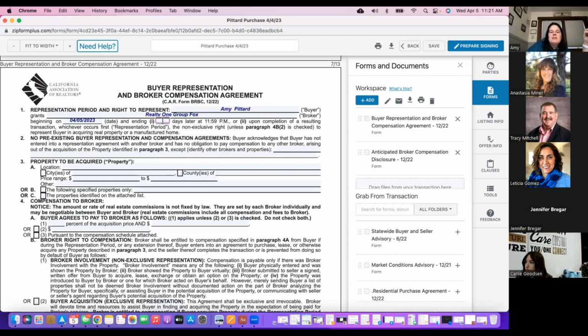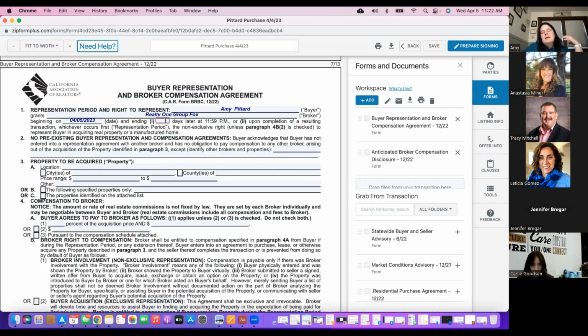That's the representation period. The non-exclusive right, unless paragraph 4B2 is checked, to representing buyer in acquiring real property or a manufactured home. So here is, and this is totally subjective, up to you how many days you want to put in here. Do you want to put 120 days, which would be effectively 4 months, right? 30 days in a month, 120 would be 4 months.